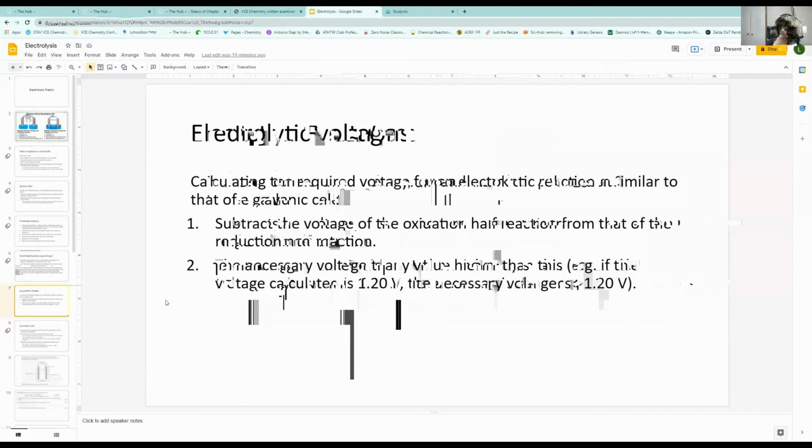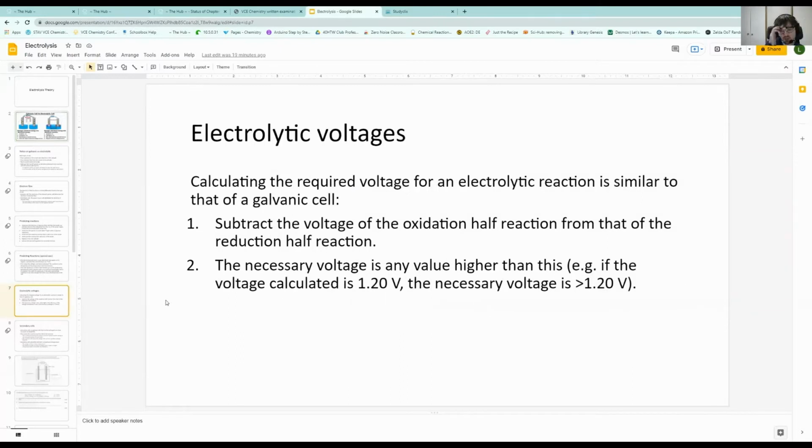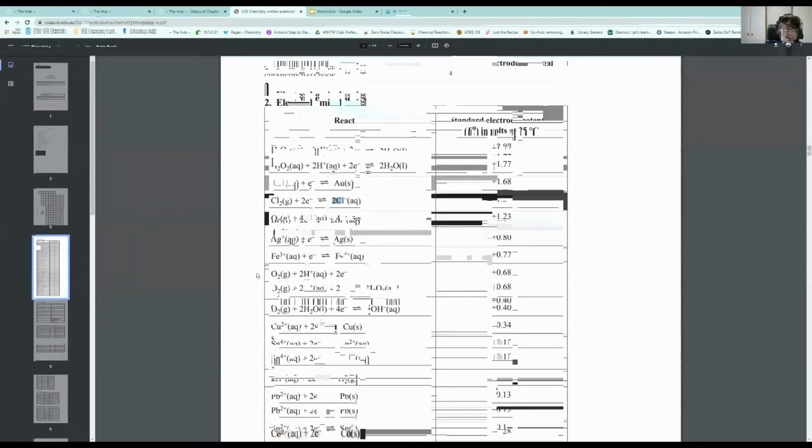When you're looking at what voltage is needed to run a cell, remember a galvanic cell produces a voltage. An electrolytic cell will require a voltage because the voltage of an electrolytic cell will always be negative. So if we were reacting, what did we say before?